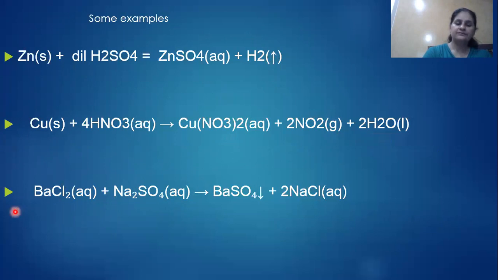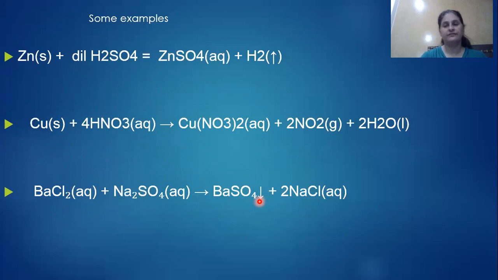Barium chloride here, aqueous form. So when we say barium chloride solution, it's an aqueous form of barium chloride. Barium chloride is dissolved in water. Sodium sulfate in water again, so it's aqueous. Barium sulfate is formed as a result of their reaction. And this arrow pointing downwards indicates a precipitate is formed.